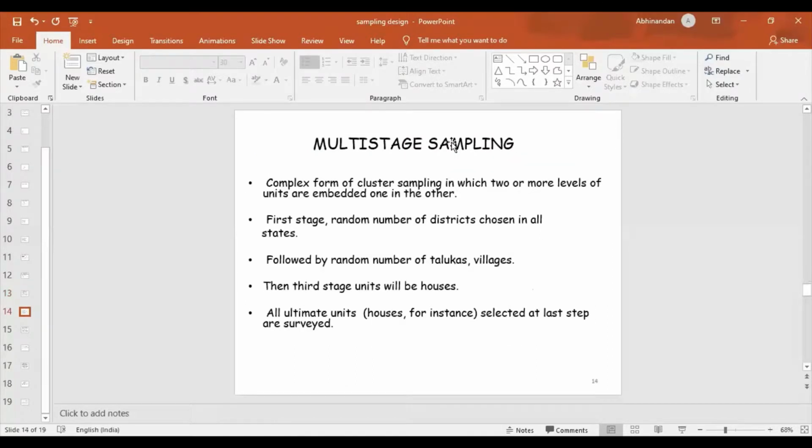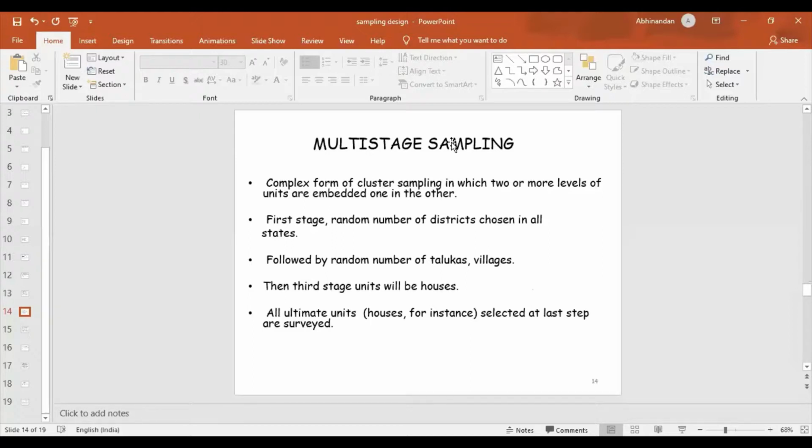And the next one is the multi-stage sampling technique. Multi-stage means the selection of sampling goes through multiple levels, two or more levels. For example, in the first stage I select a random number of districts, in the second stage I select taluks, and in the next stage I select a number of houses or villages. And ultimately I select the sample.